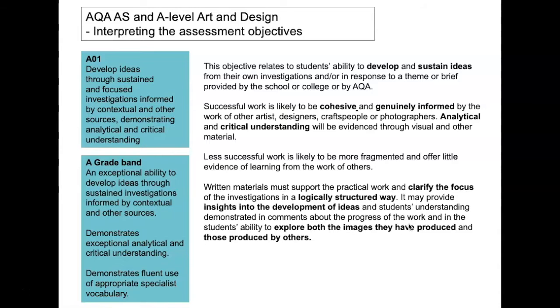I'm not going to read through all of this to you, but I do want to pick up a few key words. Firstly, on the AO1, it talks about sustained and focused investigations informed by contextual and other sources, demonstrating analytical and critical understanding. So that's what your research does. It demonstrates your understanding.